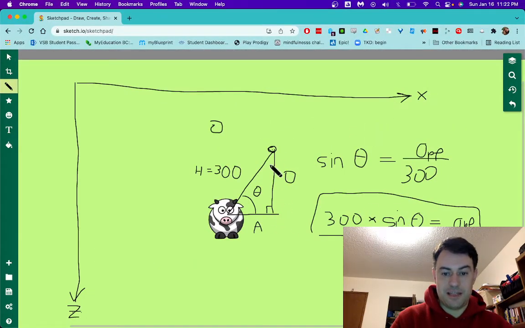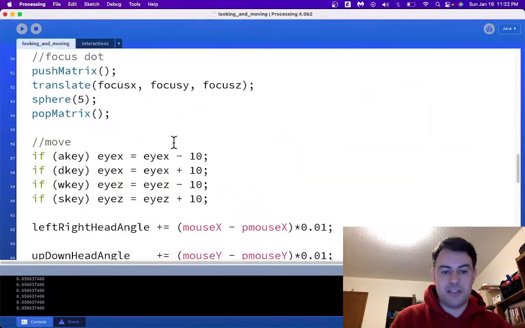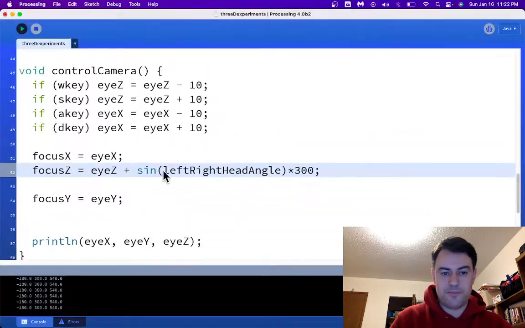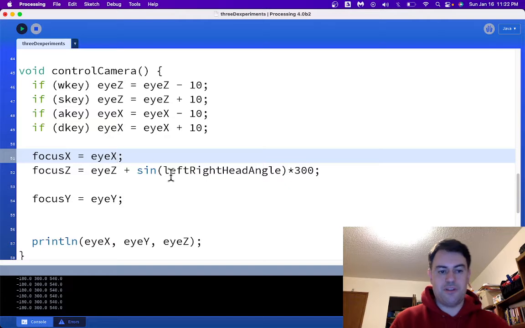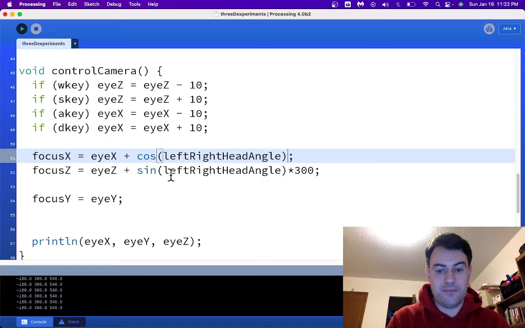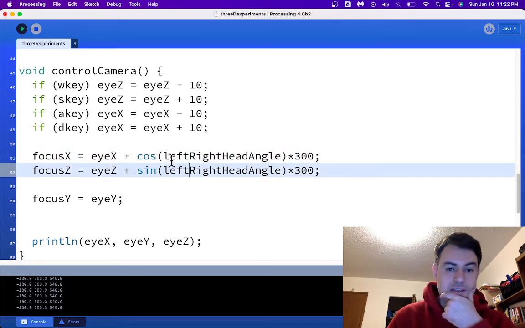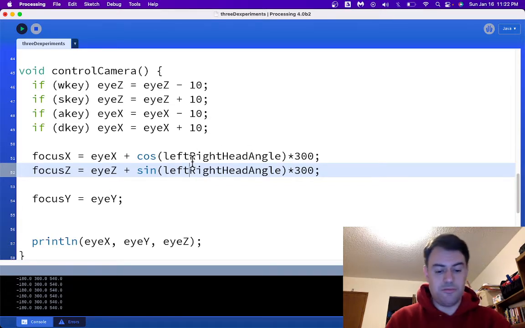That's calculating that distance. Like, how far up is it? We're also going to calculate the same thing for x. That's going to be the cosine of left-right head angle times 300. And our angle is 0 right now. So, we'll see what we see. I don't think we'll see anything too different.